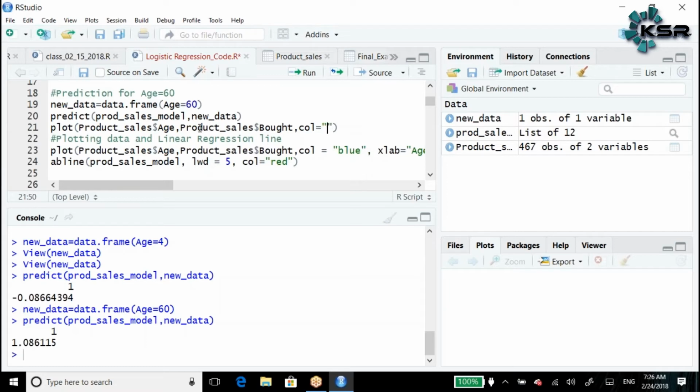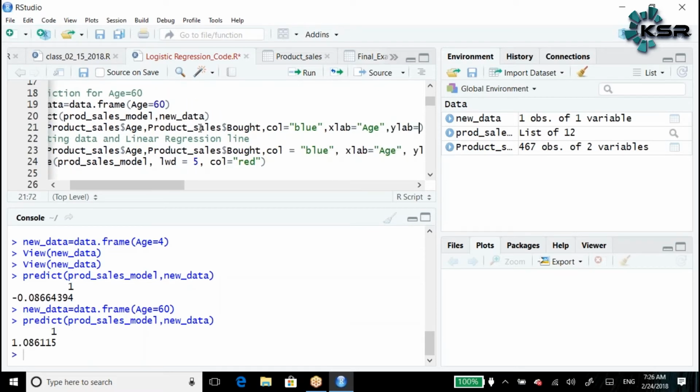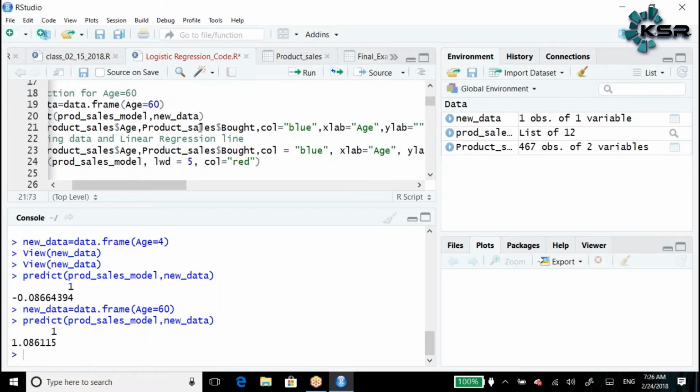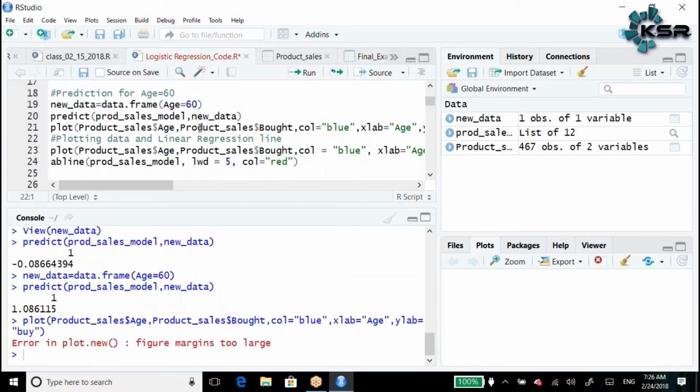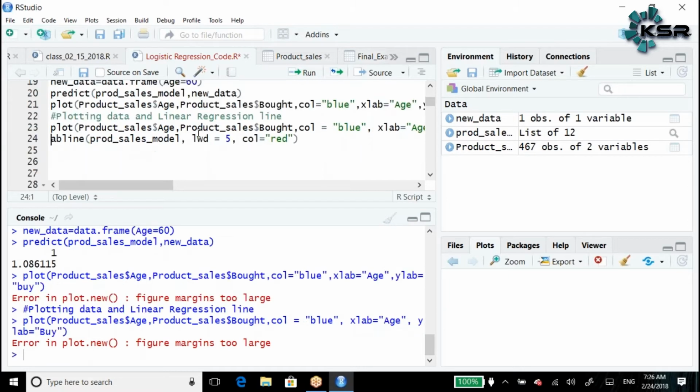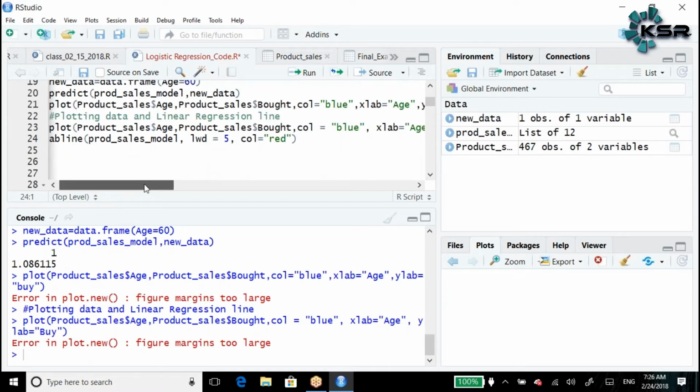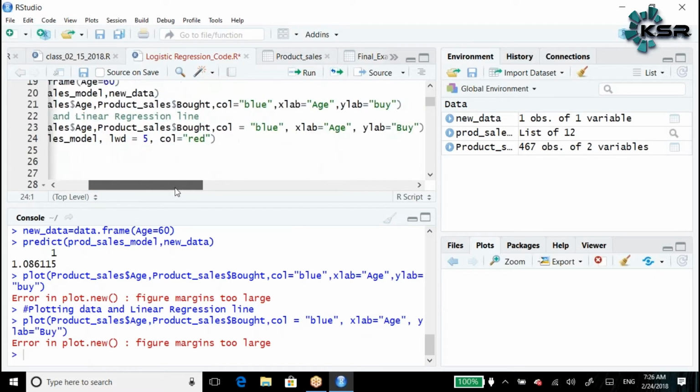Let me write blue, which is my favorite color. What could be the x-axis? xlab is nothing but the x-axis label, that will be age, comma, ylab, you can keep bought. Now run this. Figure margins too large. What happened?